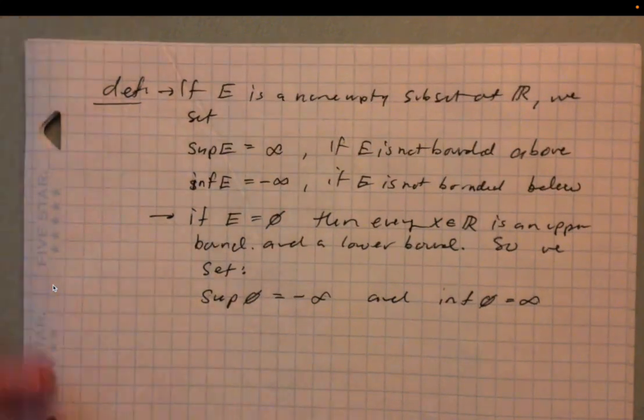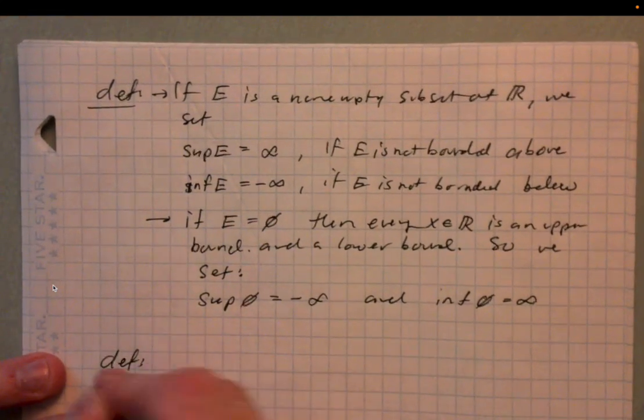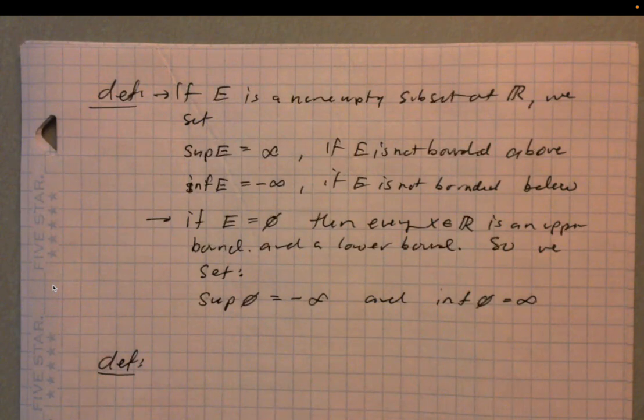Next, we want to talk through the concept of an interval. Intervals are going to play a very important role in pretty much everything we do, so we just want to make sure that we have the idea of an interval clear in our heads. Let's go ahead and define interval.